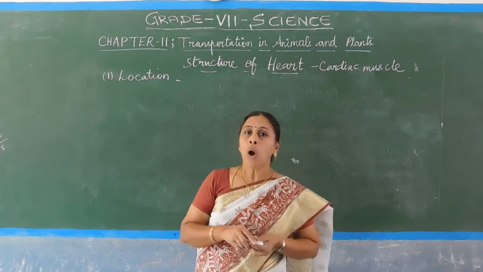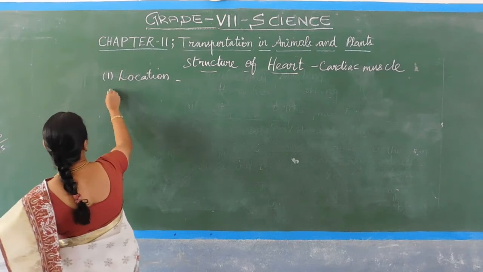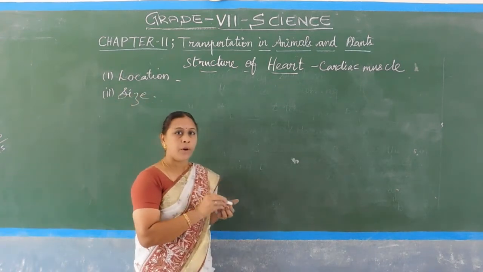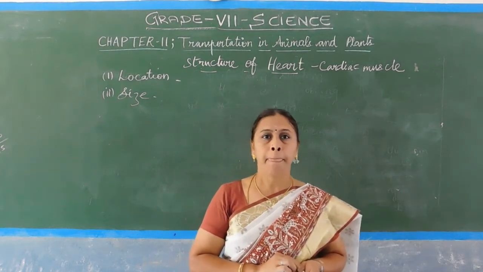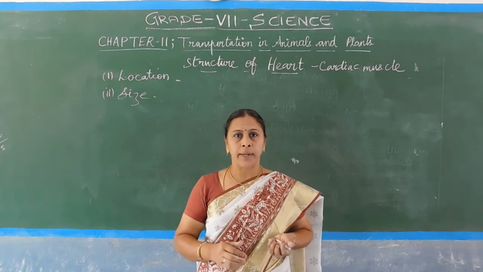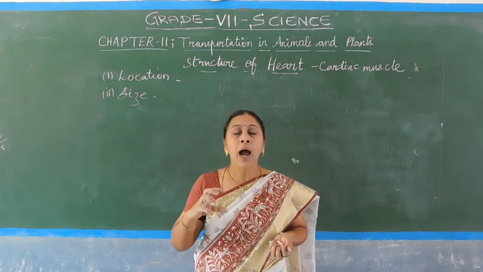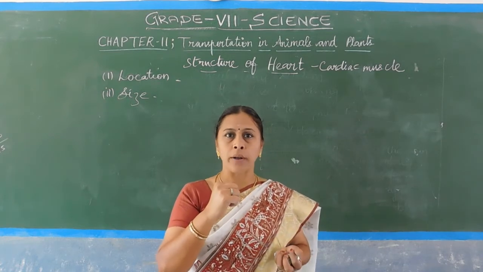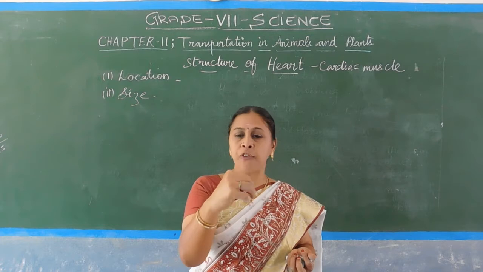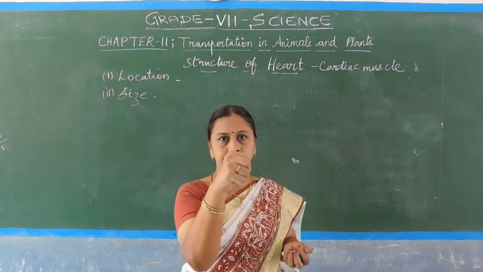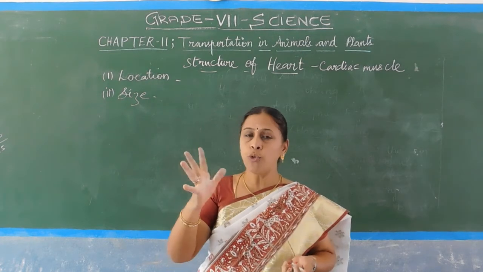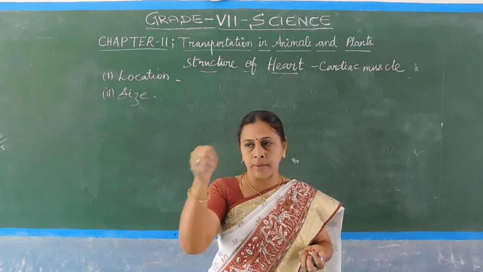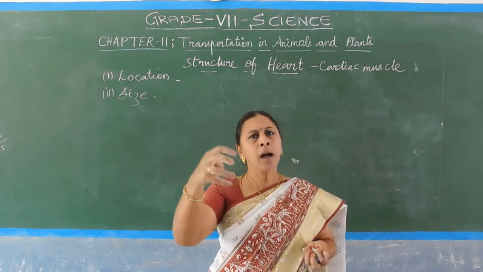And what about the size of the heart? Do you know the size of your heart? You can know that. The size of the heart will be the size of your fist. Fist means the folded hand. Now you fold your hand when you punch your friends while fighting or for fun.